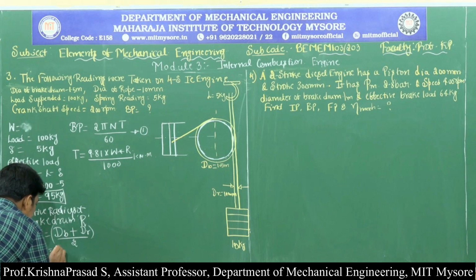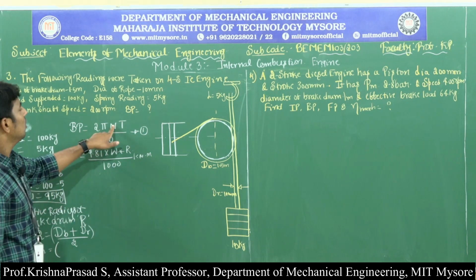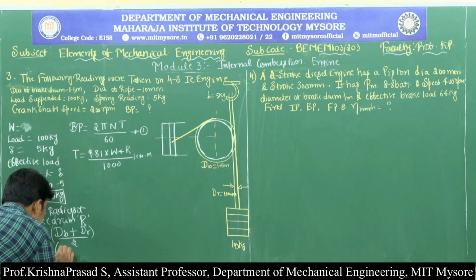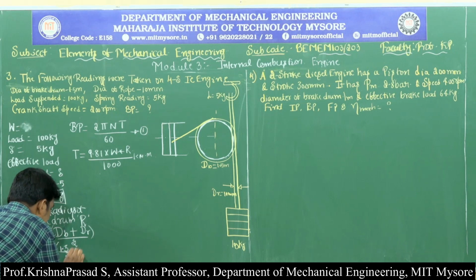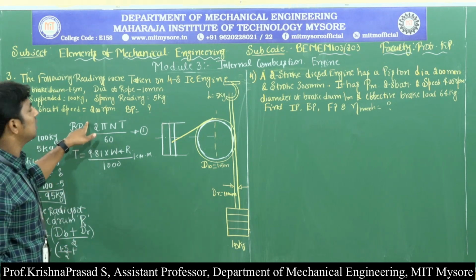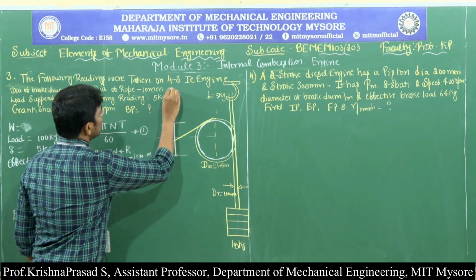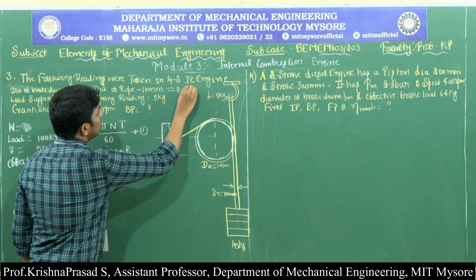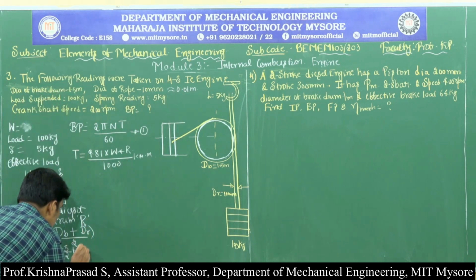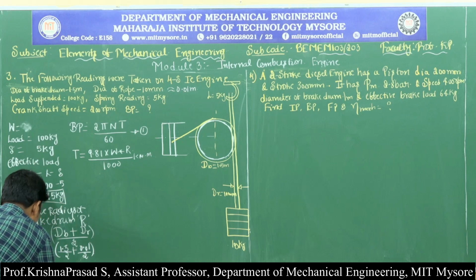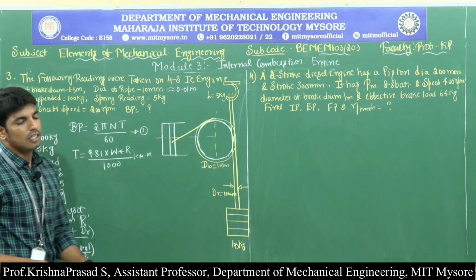The diameter of the brake drum is 1.5 meters, divided by 2, and the diameter of the rope is 10 millimeter, so I can consider it as 0.01 meter, divided by 2. Therefore, effective radius we need to calculate.